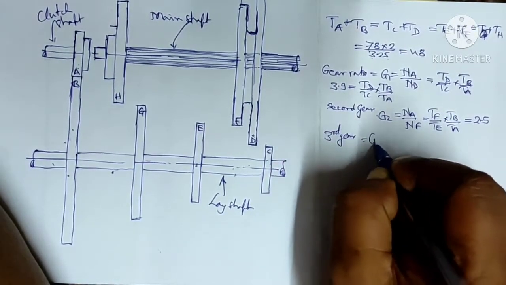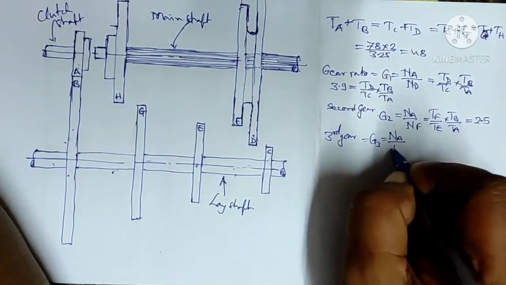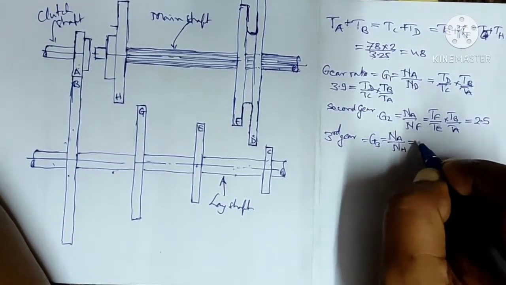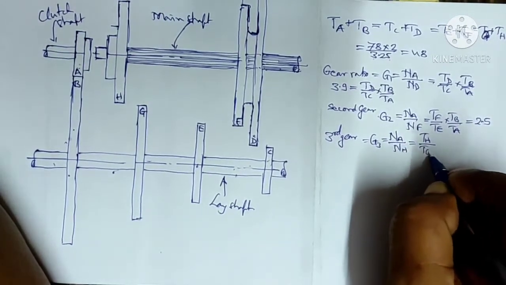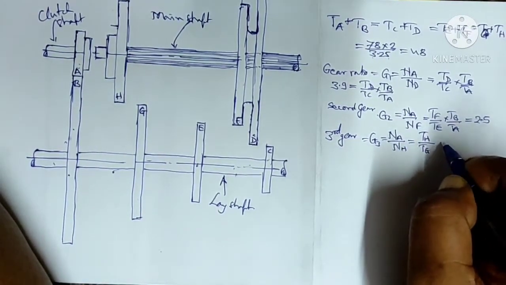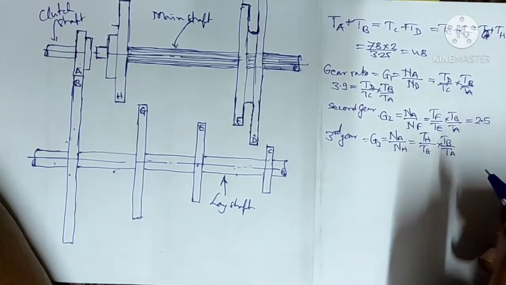it is G3 equals NA upon NH equals TH upon TG into TB upon TA.